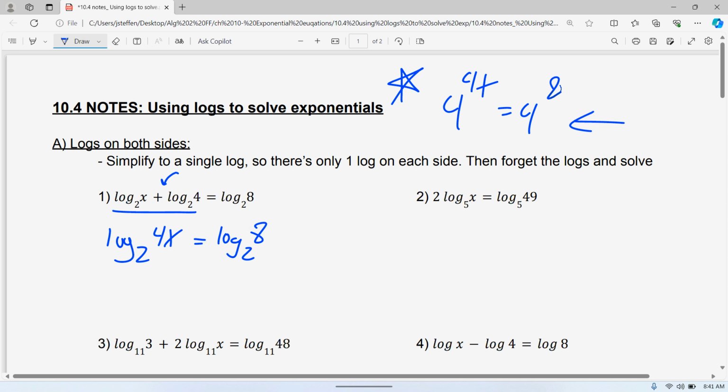If the bases are the same, 4 raised to the 4x and 4 raised to the 8, those are equal. Same thing. We're not as familiar with logs, but log base 2 and log base 2 means the 4x and 8 have to be equal to each other. So once we get to this spot, just set up 4x and 8, and then solve like normal. X is equal to 2 for this one.